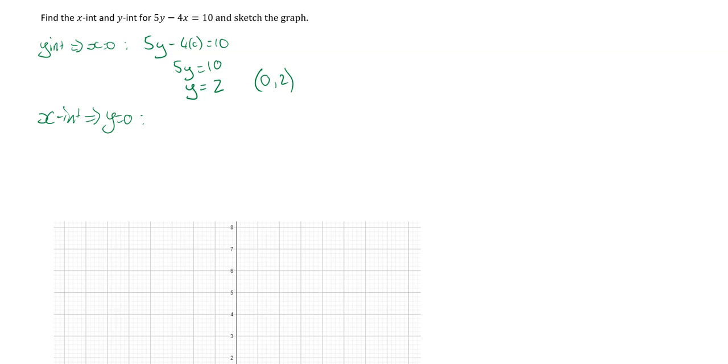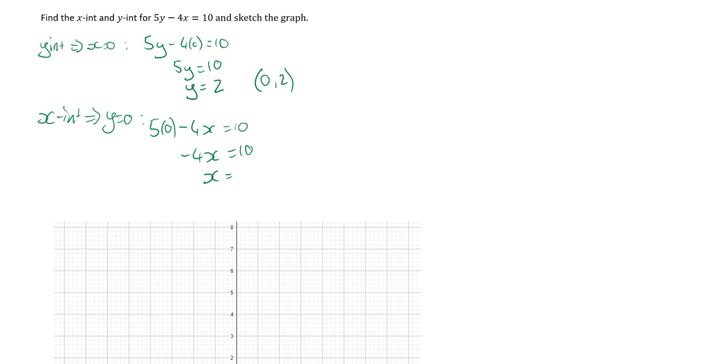For the x-intercept, same deal. I'm going to have 5 times 0 minus 4 times x equals 10. And obviously that's then going to be negative 4x equals 10. And how do I get x on its own? Divide by negative 4. Yeah, exactly. Same as what we always do.